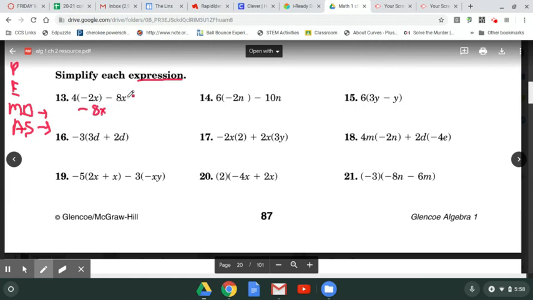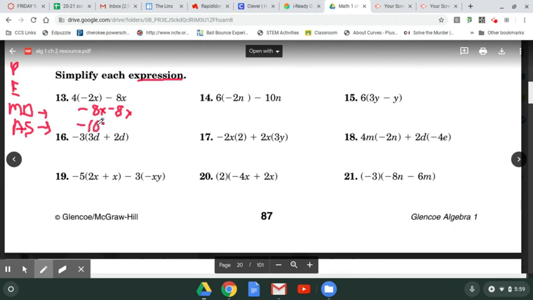Then we bring down this negative 8x, and now we have negative 8x minus 8x. When you're combining two negatives, you get a negative. On the number line, here's 0, you go to negative 8, go to negative 8 more, and you're at negative 16. So this would be negative 16x.